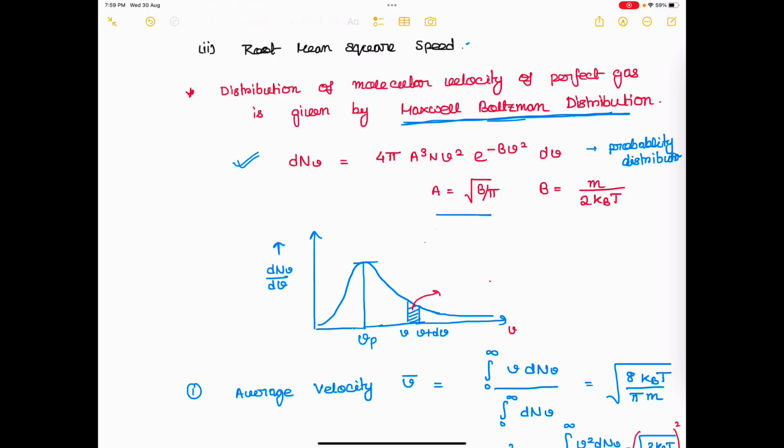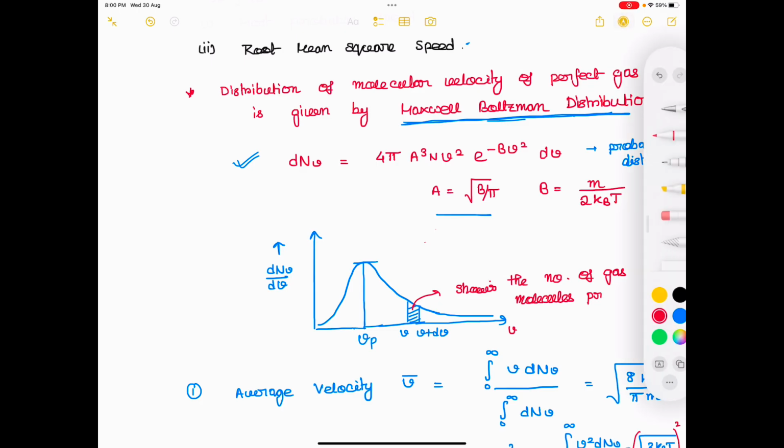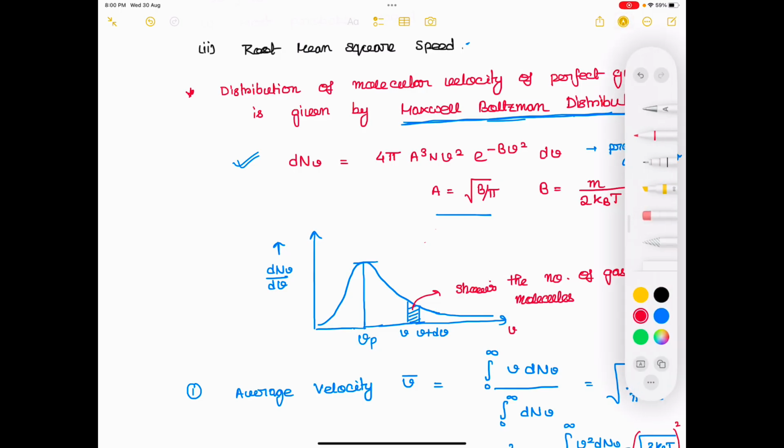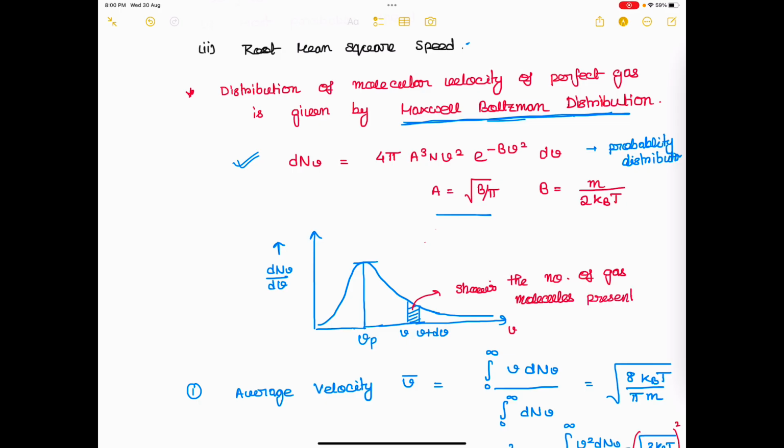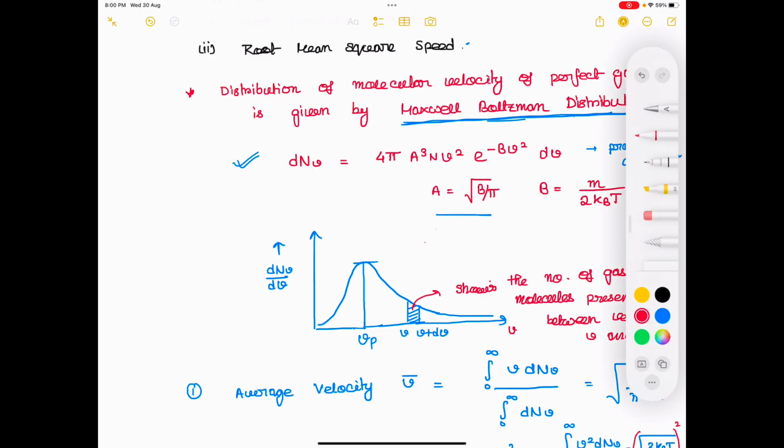So the area under the curve shows the number of gas molecules having velocities in between v and v plus dv.